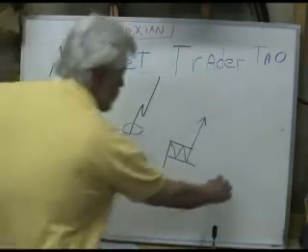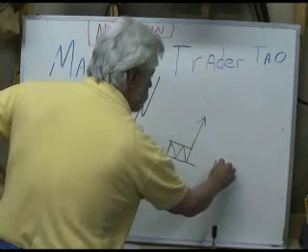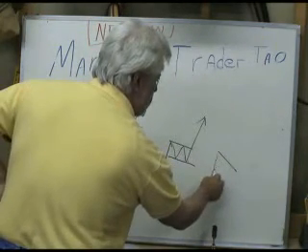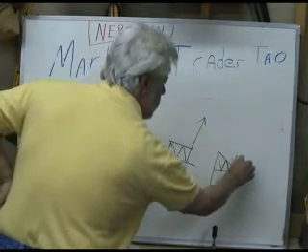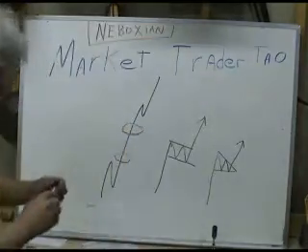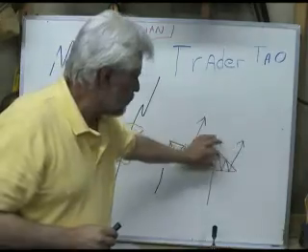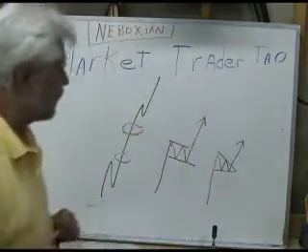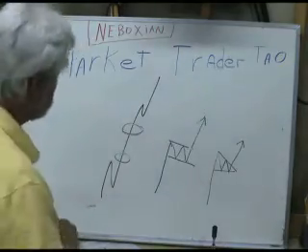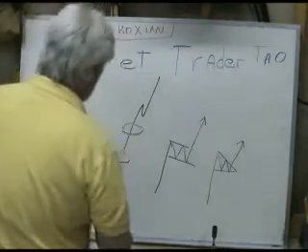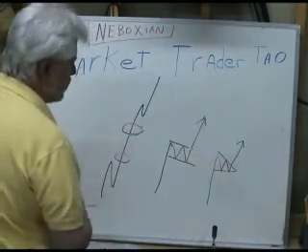Now, a pennant looks very much the same thing, but it looks more like an asymmetrical triangle, where you'll get your correction and then a continuation of the same thing. The difference is that you have parallel lines versus a symmetrical triangle development.